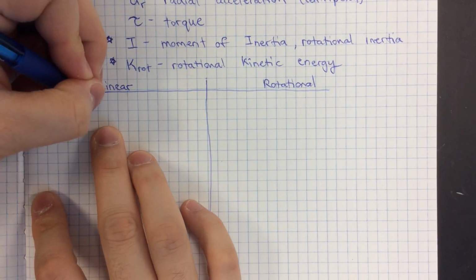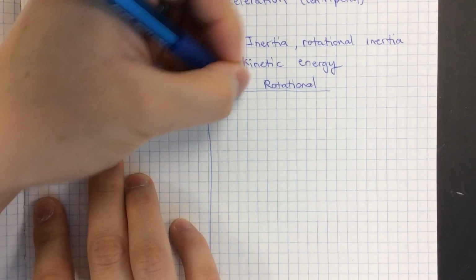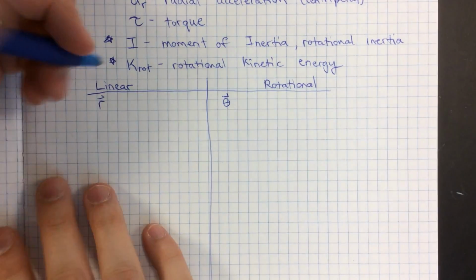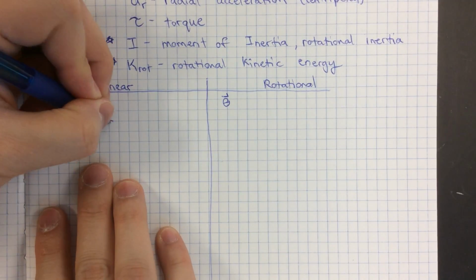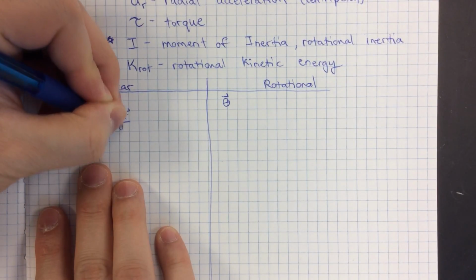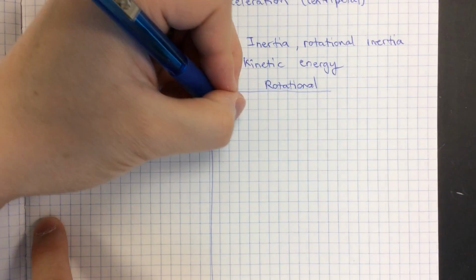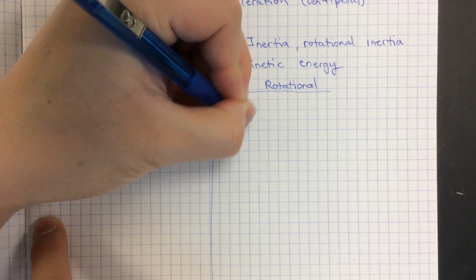So R is like theta, right? V, which is the change in R over time, is like omega, which is the change in angle over time.